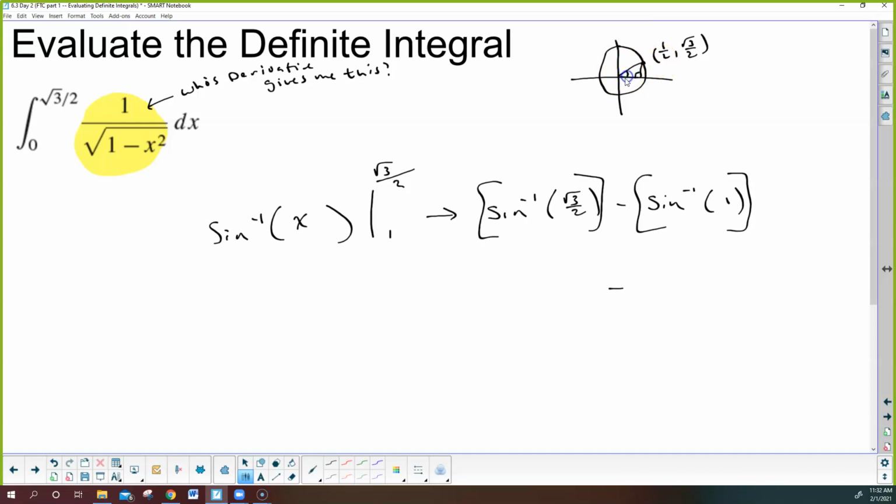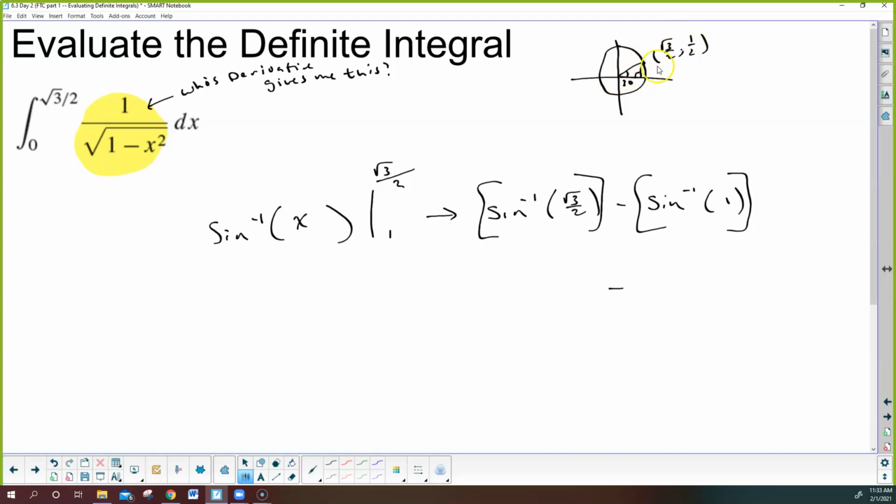This is at the value of 30 degrees. So I'm thinking, well, whose angle gives me the sine, which is the y value, of square root 3 over 2? Square root 3 over 2 is the long piece, and then I went up 1/2.